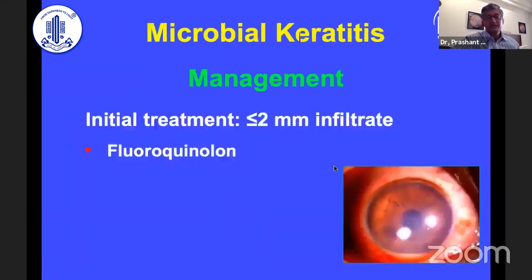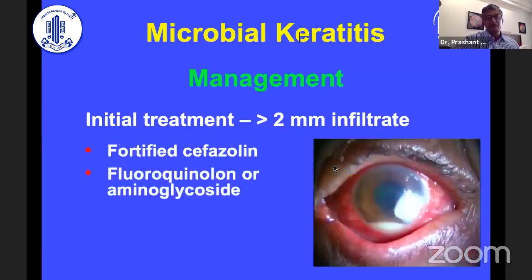The recommendation that is currently made is that if you are treating a less severe corneal ulcer, an ulcer which is less than or equal to 2 millimeter in size, then fluoroquinolone monotherapy with a broad spectrum fluoroquinolone, that is 8-methoxyfluoroquinolone, will be a rational treatment to start with.